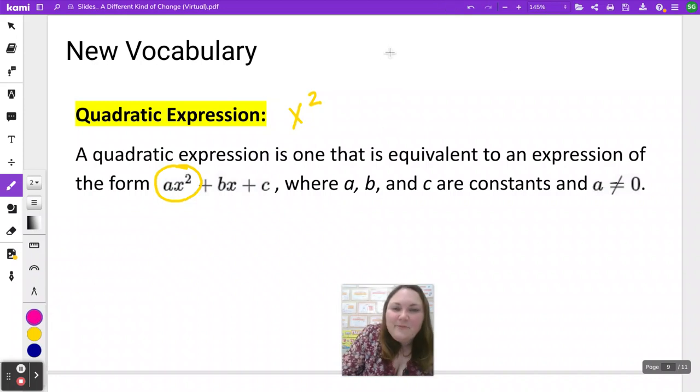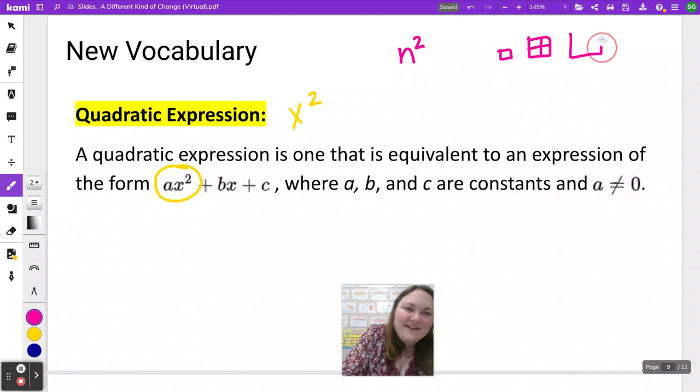So above, we had written n squared for that first pattern where you had nothing, then you had a 1 by 1 square and a 2 by 2 square, and then a 3 by 3 square. That was n squared. That was a quadratic.